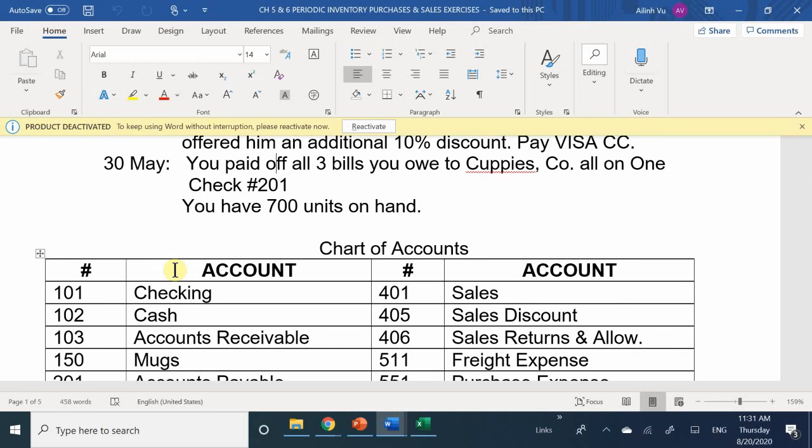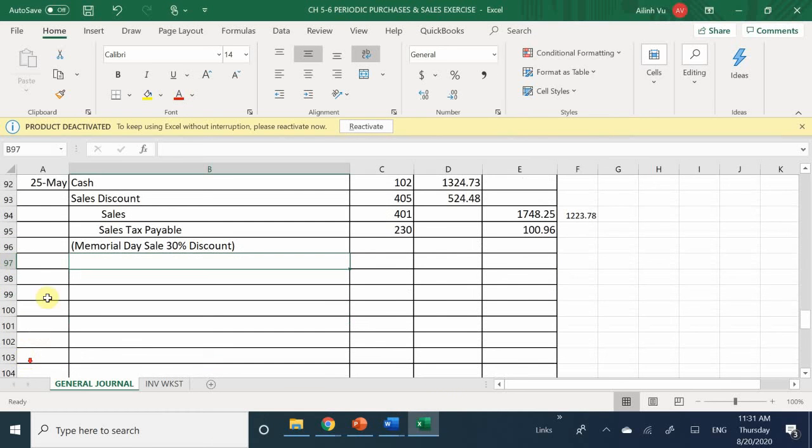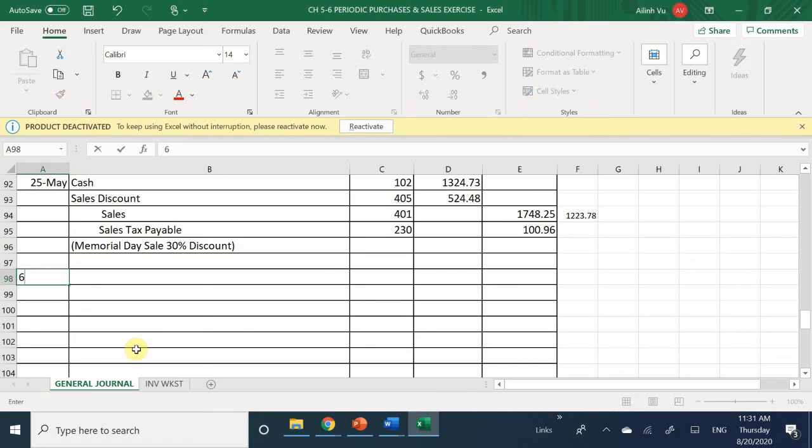It goes straight to checking. Correct. So, good. On the 28th of May, we're going to recognize that he did pay us using his Visa credit card, so it's going to go straight to our checking.